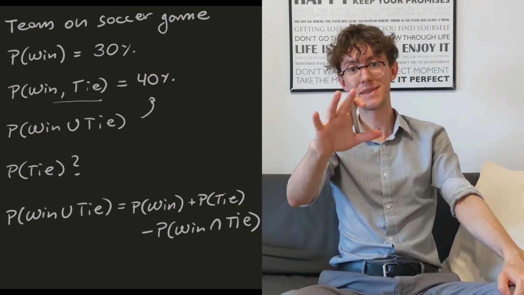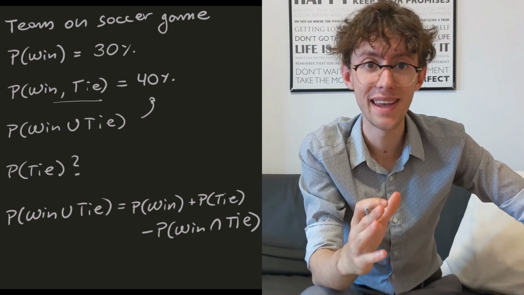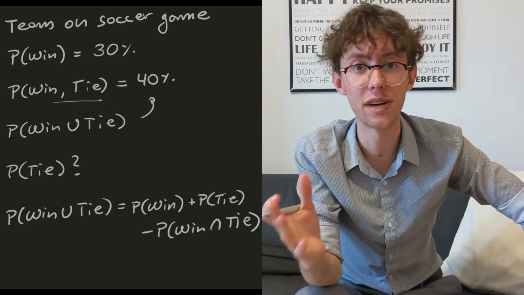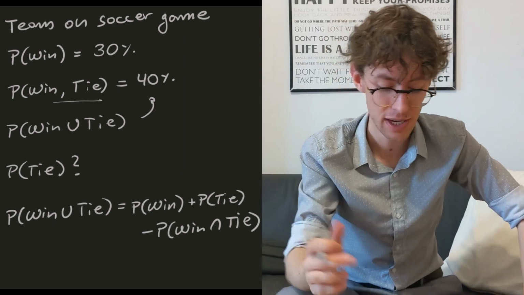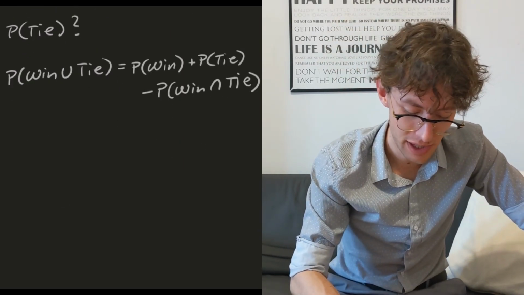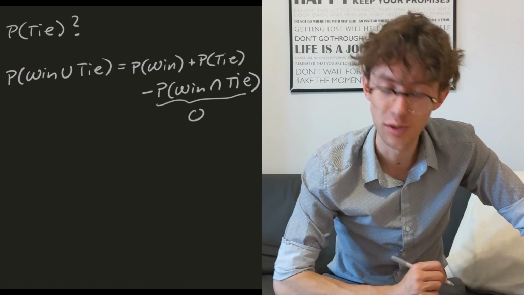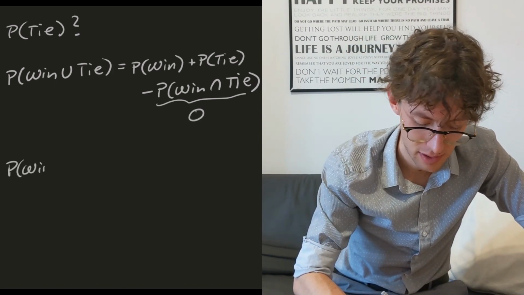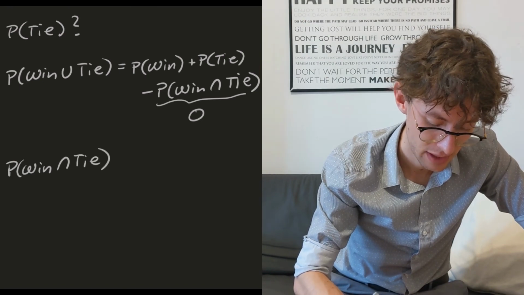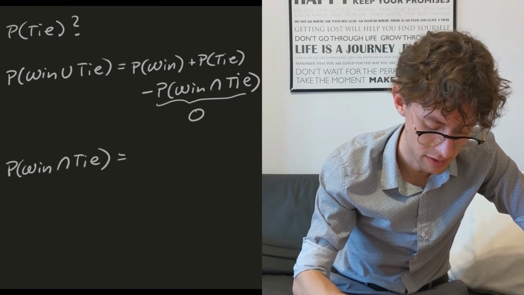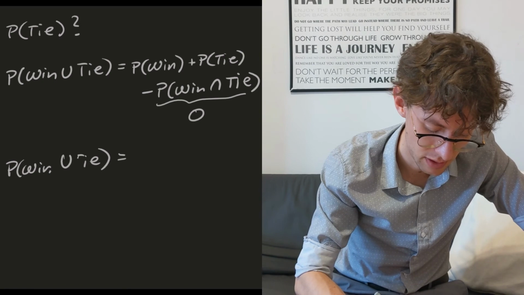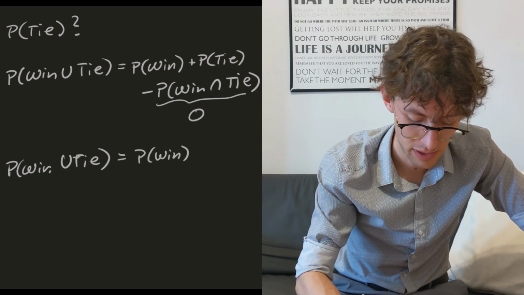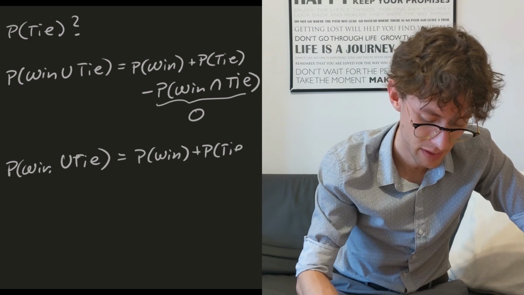Oh, but wait, they cannot win and tie at the same time. You either win or you have a tie. You can't have both, right? So we know that the probability of win intersect tie is equal to 0. Hence the probability of win union tie is equal to the probability of win plus the probability of tie.